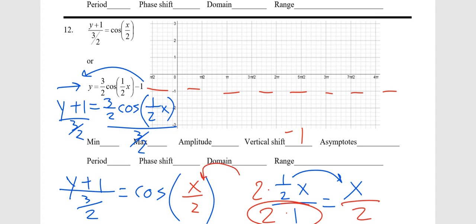That would be right up here with the x. No, so the phase shift is still 0. So my HK is sitting right there at the point 0, -1. What is my amplitude? Amplitude, something to do with this stretch down here. 3/2. If you're a decimal fan, obviously that's 1.5. Okay, whichever, I don't care. What's the period of the function? 4 pi.